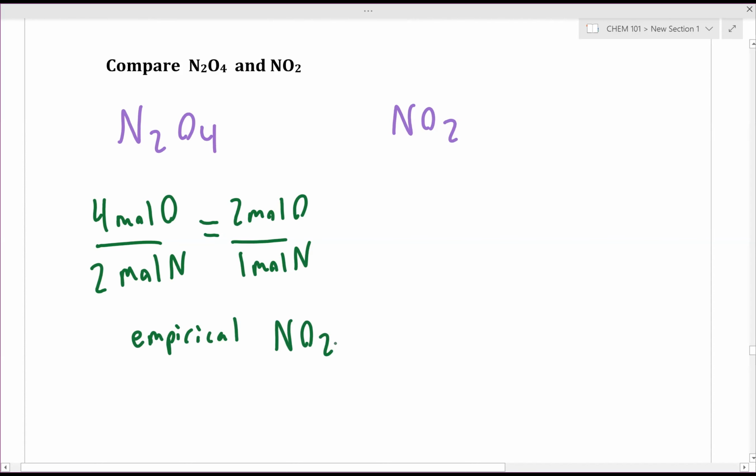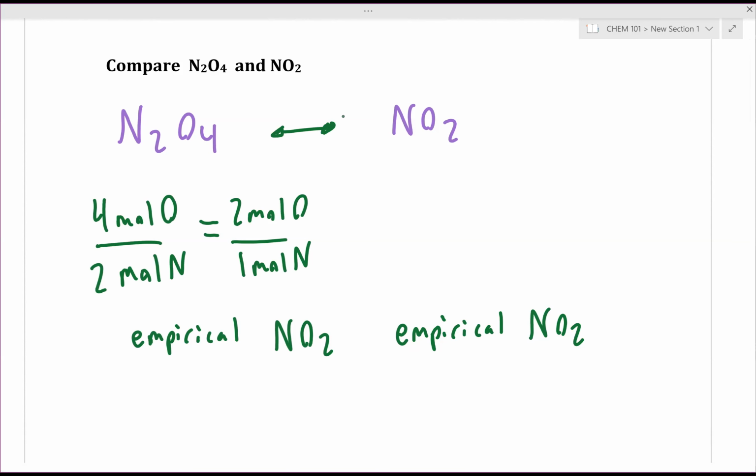Now, if we do the exact same analysis for NO2, is there any simpler ratio of elements? Is there any smaller whole number ratio that I could write? No. So NO2 also has an empirical formula of NO2. These are different compounds, different chemical species, but do they have the same empirical formula? Yes. So how do we tell these two compounds apart?